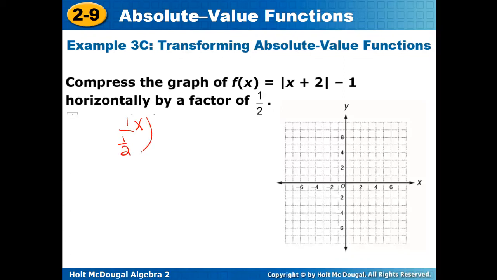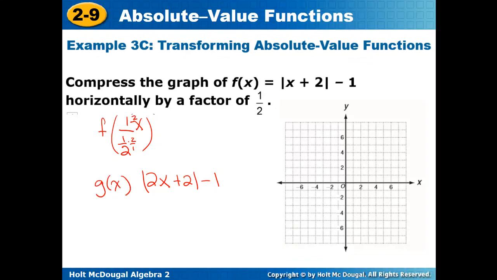All right, so this would be f of 1 over 1/2 x. So let's get this part in first. If we multiply the top by 2 and the bottom by 2, we end up with 2x, plus our 2, and all that's in our absolute value box, minus 1, and that's all we have to do, g of x.